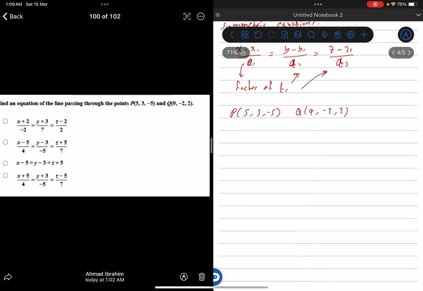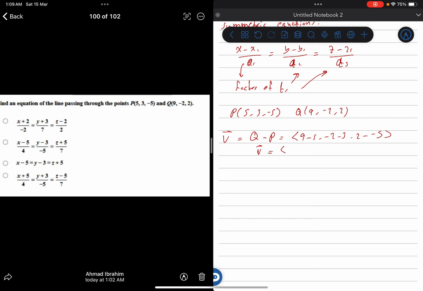Okay, so first we have to find the V, which is the direction vector, which is Q minus P. It will be 9 minus 5, negative 2 minus 3, and 2 minus negative 5.